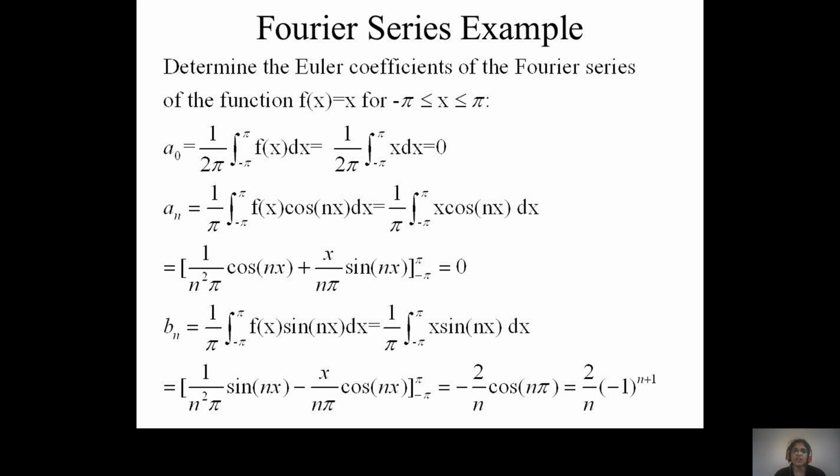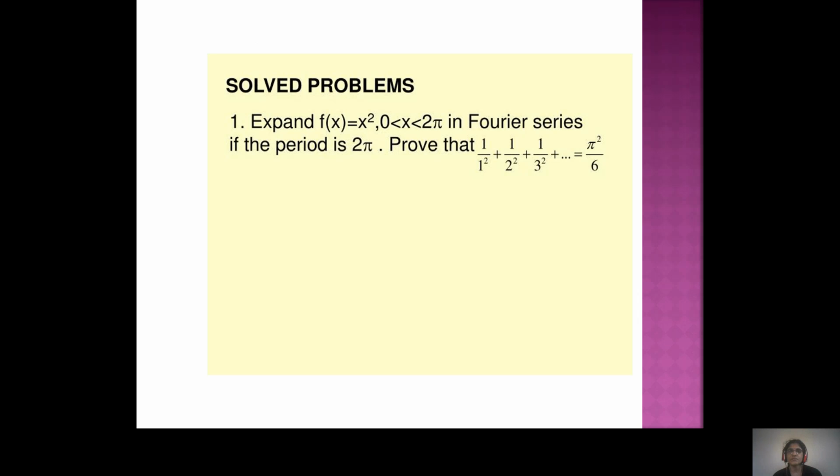Next, bn is equal to 1 by pi integral from minus pi to pi of x sin nx dx. Same thing, 1 by n square pi sin nx minus x by n pi cos nx. So we get 2 by pi minus 2 by n cos n pi, that is equal to 2 by n cos n pi, that is minus 1 to the power n plus 1. So we get the values of a0, an and bn.